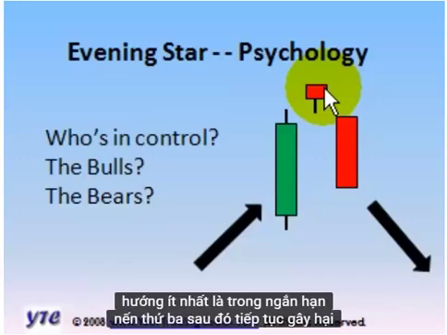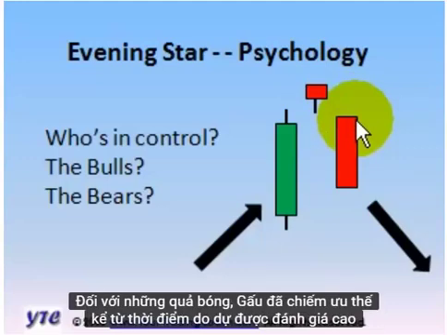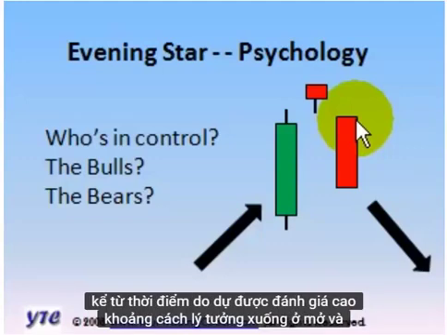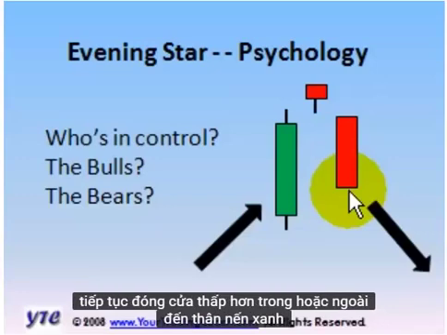The third candle is then further damaging for the bulls. The bears have dominated since the point of indecision as price ideally gaps down at the open and continues lower, closing into or beyond the body of the green candle.